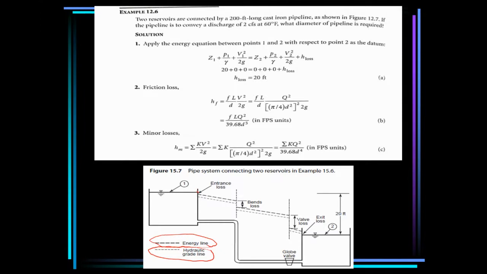Ideally someone would think that it will start from here and move, and then the velocity head will start above it. But because there is loss, the pressure head here will begin at this point because of the entrance loss into the pipe. That loss may be different if you have a smooth rounded or a sharp edge. For sharp edge, the loss will be higher than when it is rounded. So this is the pressure head, and this is the energy grid line.